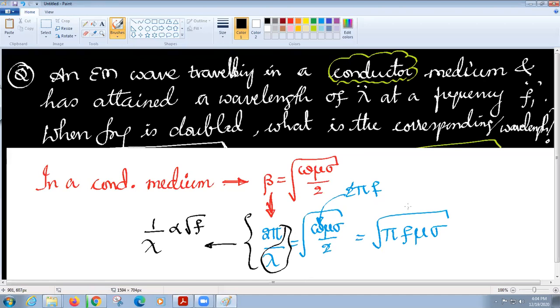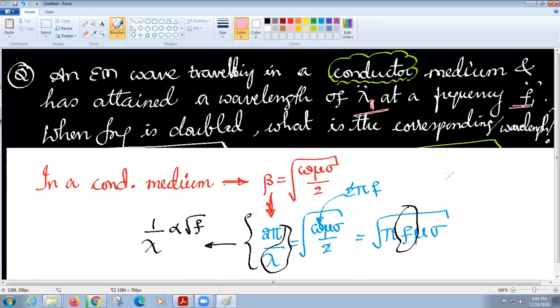For lambda, I have square root of f here. So therefore, this traveling wave in conducting medium has a wavelength of lambda 1 at a frequency of f1. Now when frequency is doubled, what is the corresponding wavelength?